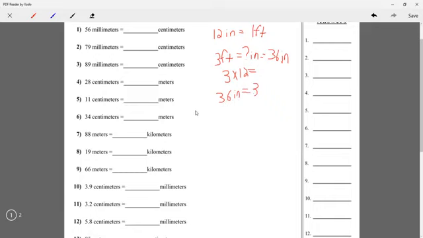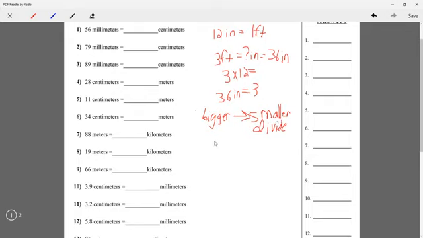So basically, the most important thing you have to remember for conversions is that if you're going from bigger to smaller unit, okay, and I apologize for my handwriting.